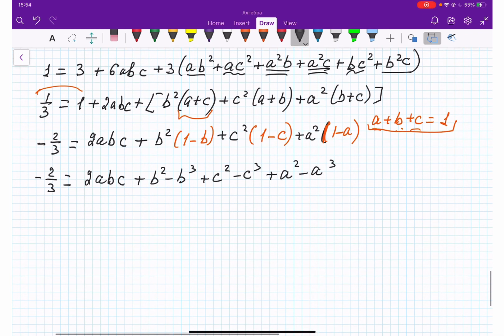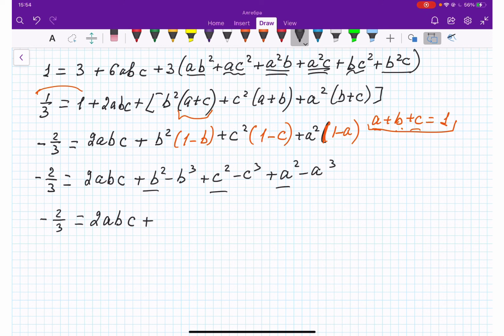Okay, negative 2 over 3 is equal to 2abc plus, I'm combining together all this b squared, c squared, a squared, because it is given to be equal to 2, right?